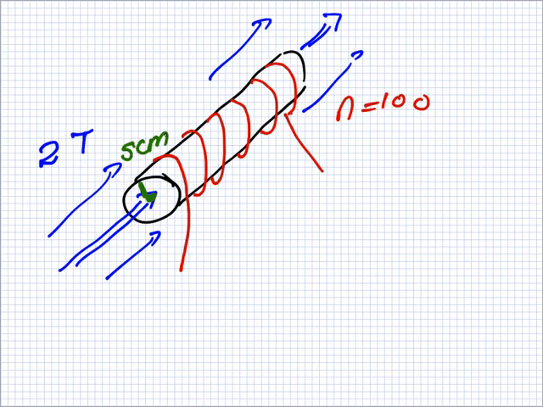So the total flux linkage is equal to NBA.